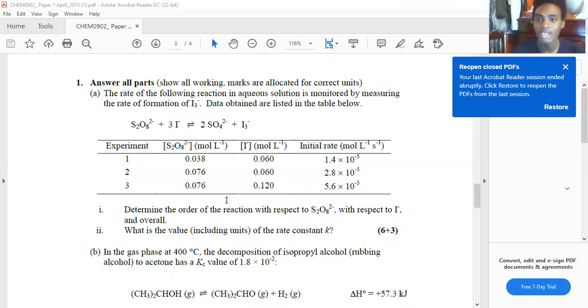To find out if it's a zero order reaction is basically simple. Even if the value changes for the substance, but the initial rate does not change, that means it is a zero order reaction. So that is the short way to do it.